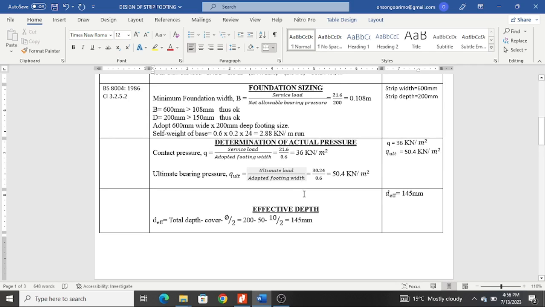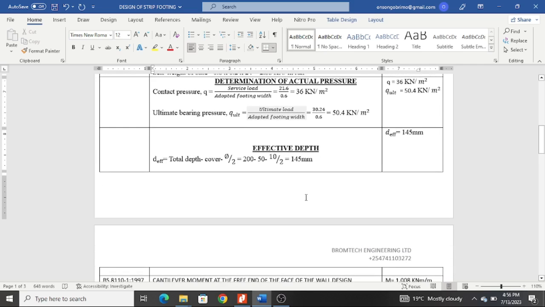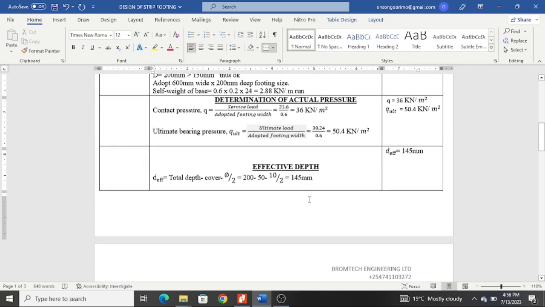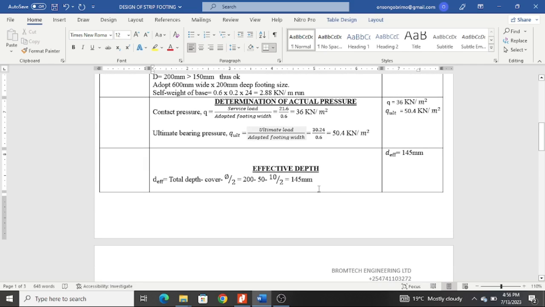From the determination of the actual pressure on the ground, both contact and ultimate, we now proceed to the determination of effective depth. And effective depth, it is the same way we find effective depth in slabs, depending on the reinforcement we're designing and in which direction. So in this case, the effective depth is obtained by total depth, which is 200.